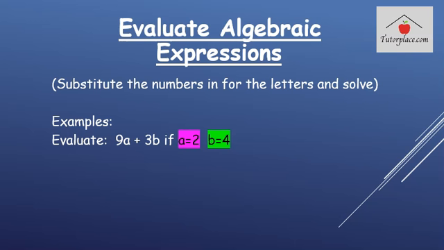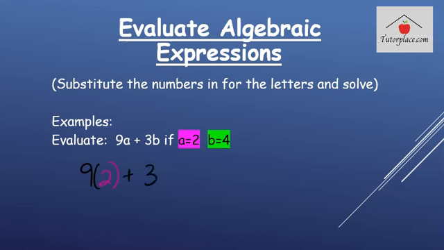For this problem, we have 9a plus 3b, and we're going to let a equal 2 and b equal 4. So let's begin with plugging in our numbers. So we would have 9, and then instead of the a, I'm going to put what a is. A is 2.